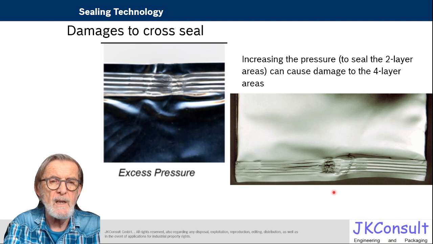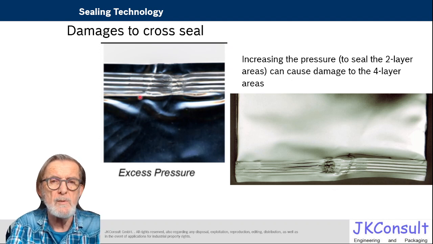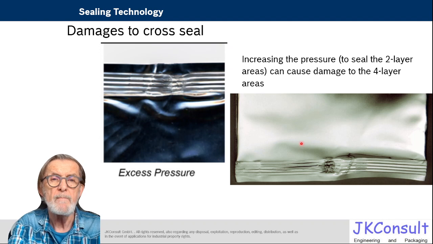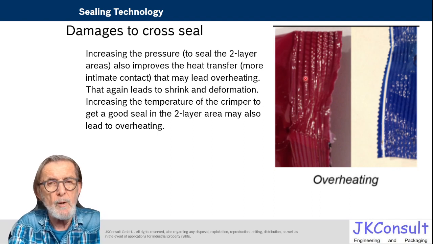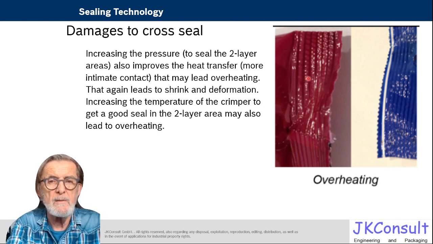What happens many times, if the seal is not good in the 2-layer area, the pressure is increased and we get this kind of effect. Here we now have a seal, but here we have damaged the material. The pressure has been too high. If we put too much pressure on it, we get more contact, more intimate contact, or you elevate the temperature to achieve in this area a good seal, and you get overheating.